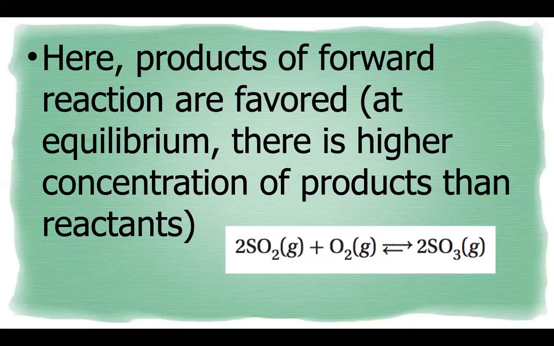There is a higher concentration of products than reactants. In this case, you would use a longer arrow for the forward reaction and a smaller arrow for the reverse reaction. So again, if the forward reaction is almost complete before the reverse reaction reaches equilibrium, that means the forward reaction is favored.